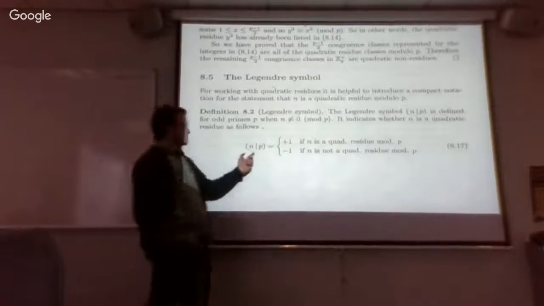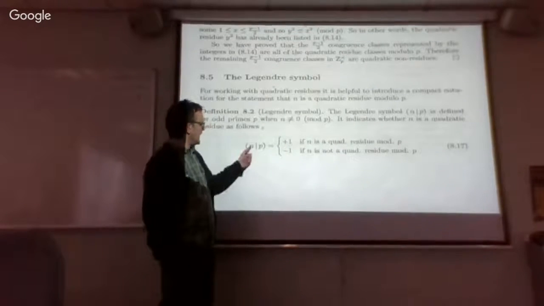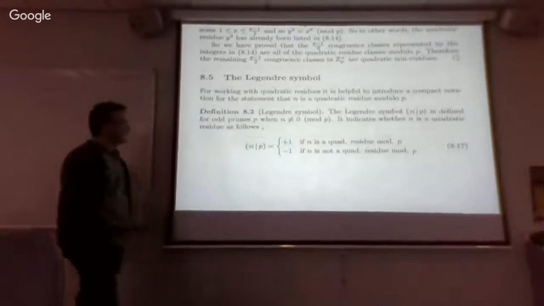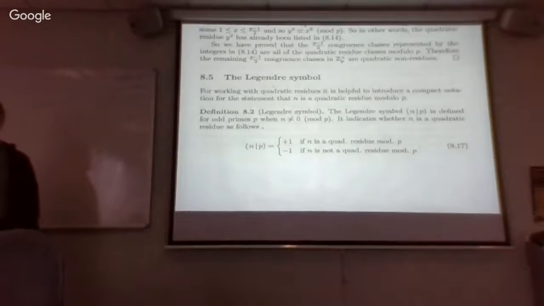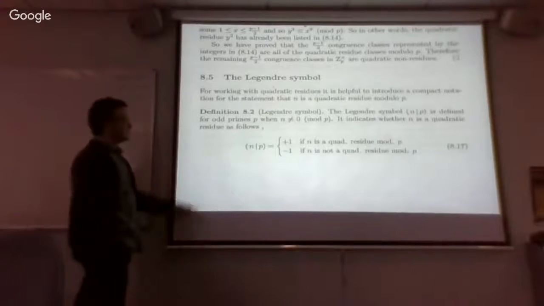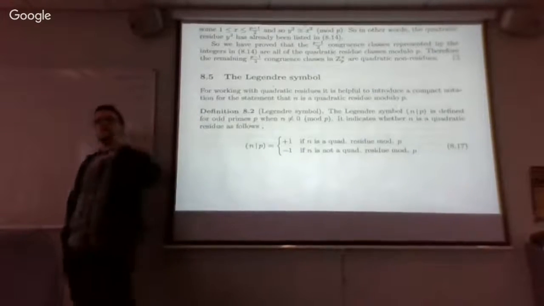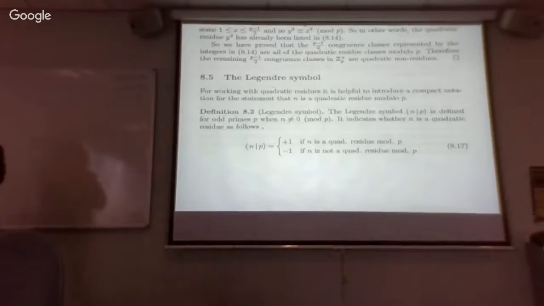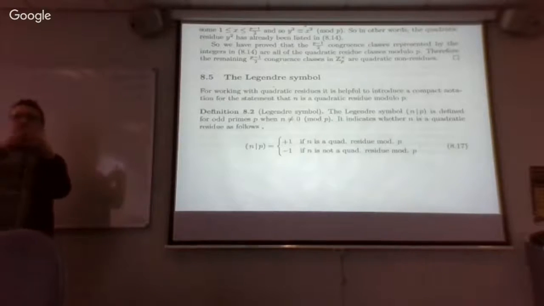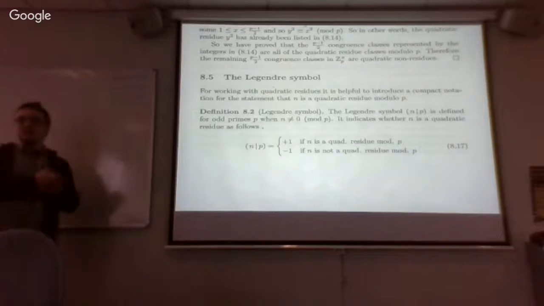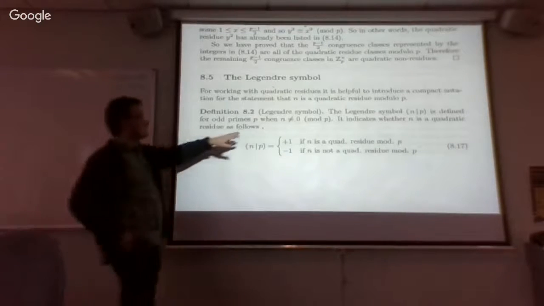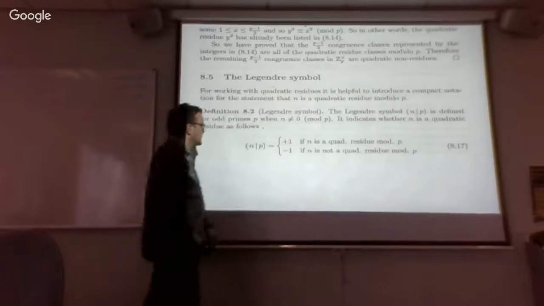It's understood to have two values. The n is an element of the set of congruence classes modulo p, and we think of n as coming from the multiplicative group of congruence classes modulo p. So it's one of the elements 1, 2, 3, 4, 5, etc., up to p minus 1, so non-zero modulo p.